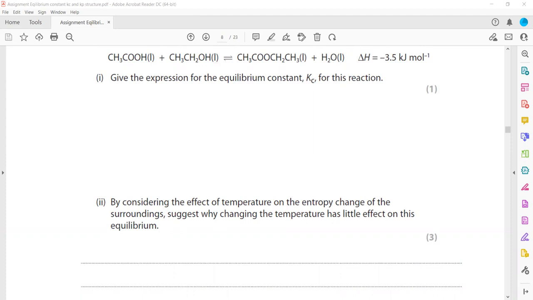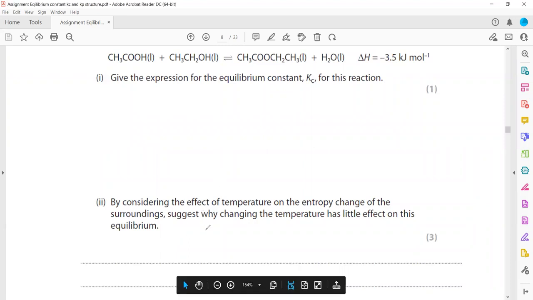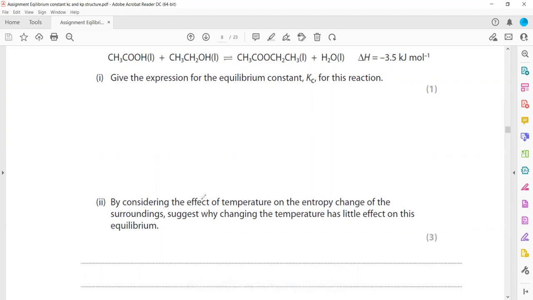This reaction is only slightly exothermic, as you can see here. So when we change the temperature, why does the value of K not change?